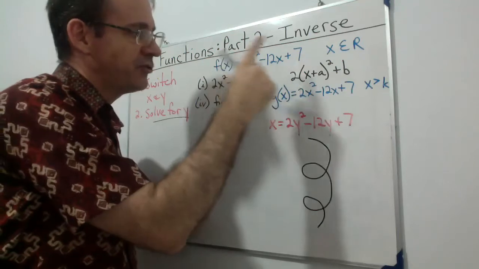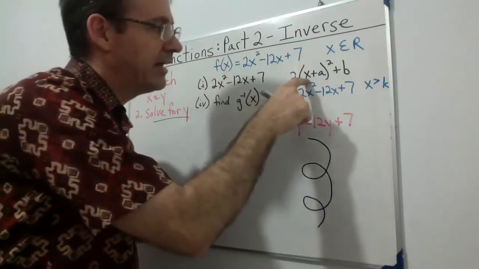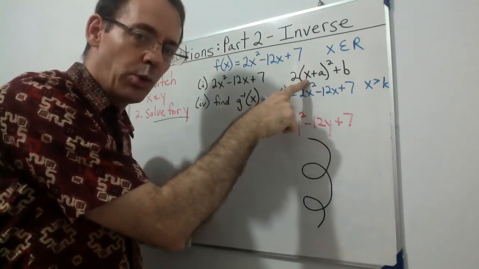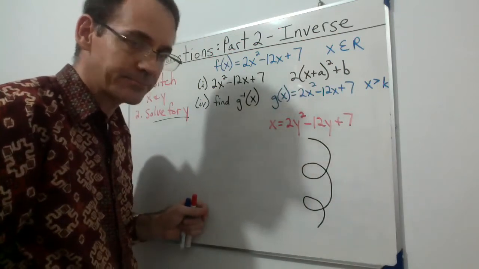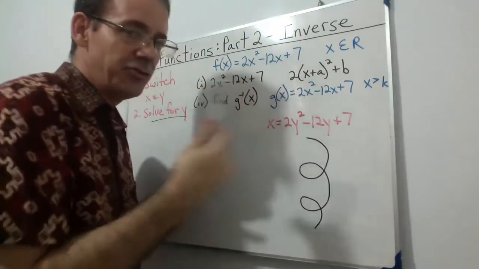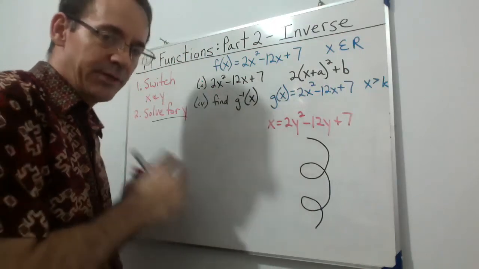You need to complete the square so that when you switch x and y, you only have one x that turns into a y. You don't end up with two different y's of two different powers. Okay? So whether they give you a part I to do that or not really doesn't matter. You need to complete the square.